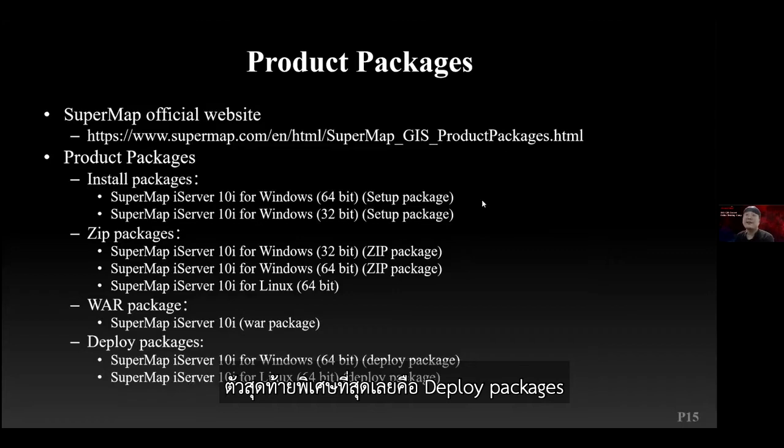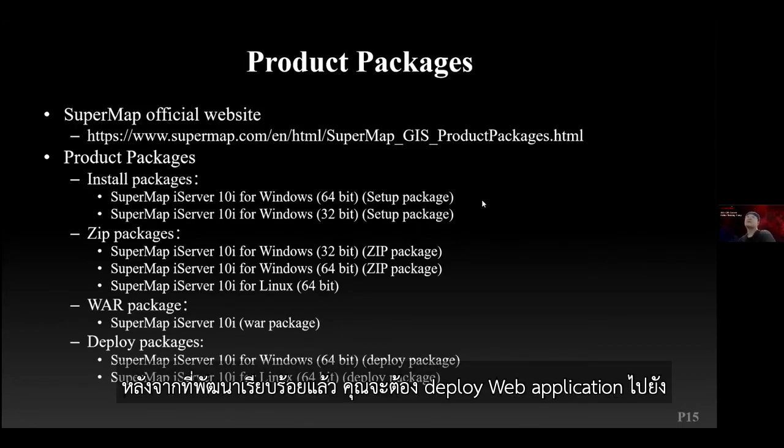And the last one, there is another special version of iServer, which is the deploy package. The deploy package is smaller than the full package, and there are no sample services or sample data inside.